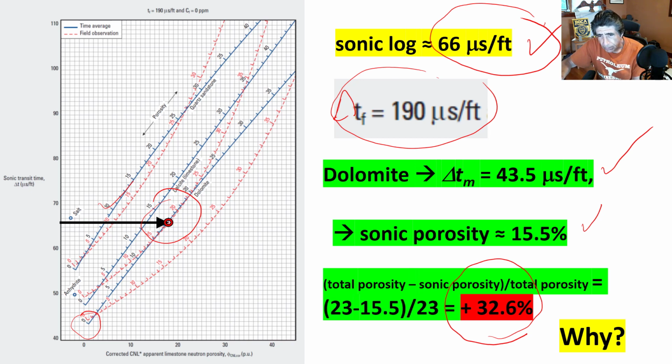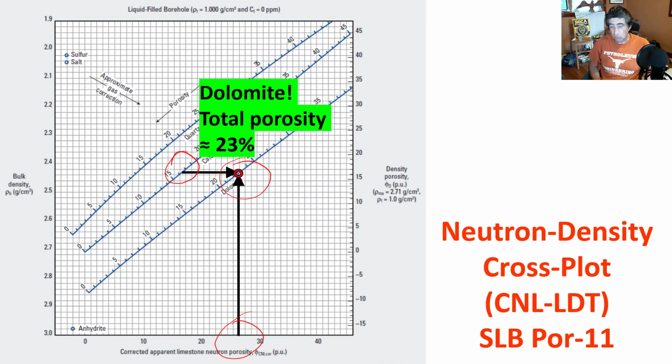But essentially we have a significant difference. That's not negligible. And then we have to find out why we have that discrepancy, that the sonic is giving us 15.5% and the total porosity is giving us 23%.